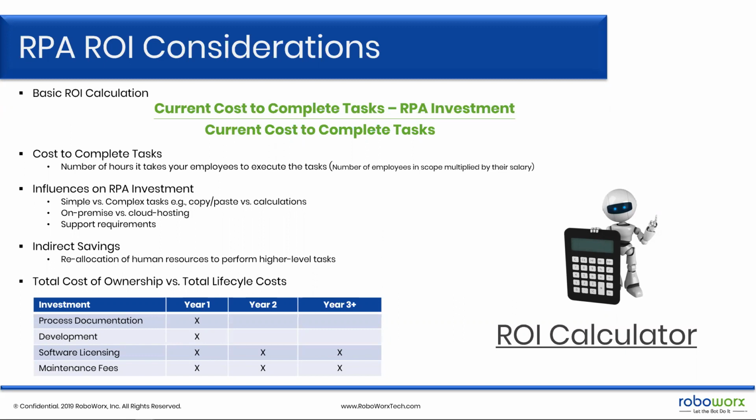RPA investment. Another important note here is the indirect savings that you would get as a result of implementing the robots. So once the robots are up and running, you've got your human workers who are really anxious now to work on strategic projects and more interesting projects. So at that point, it becomes kind of an internal cultural issue.